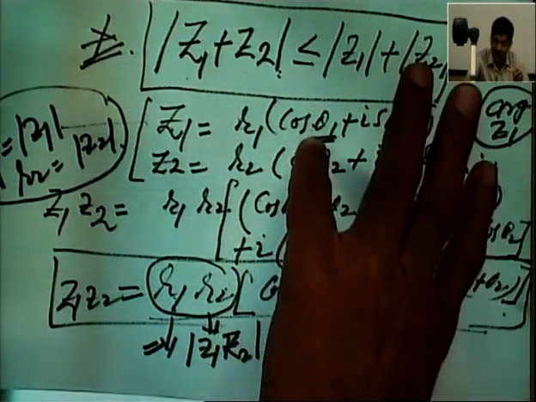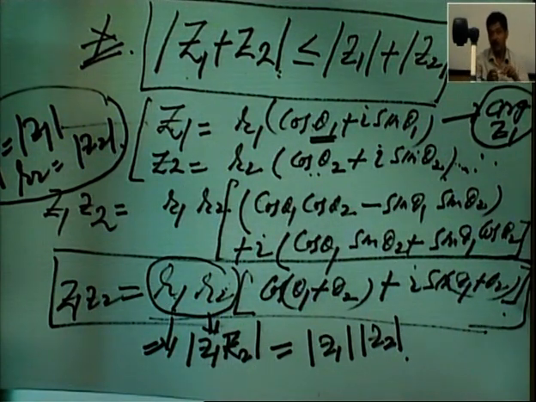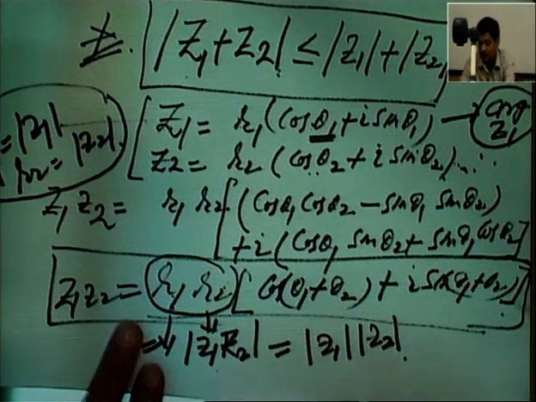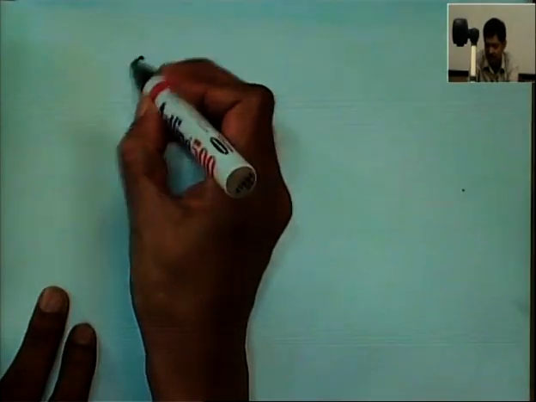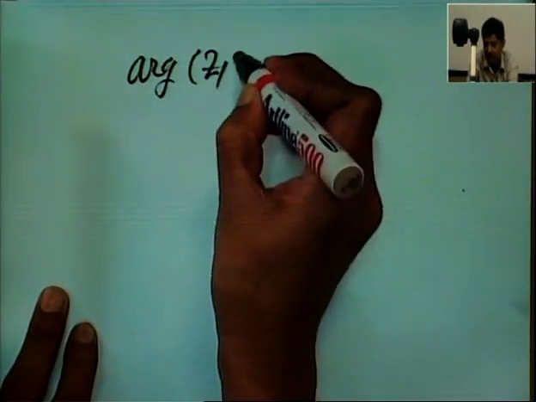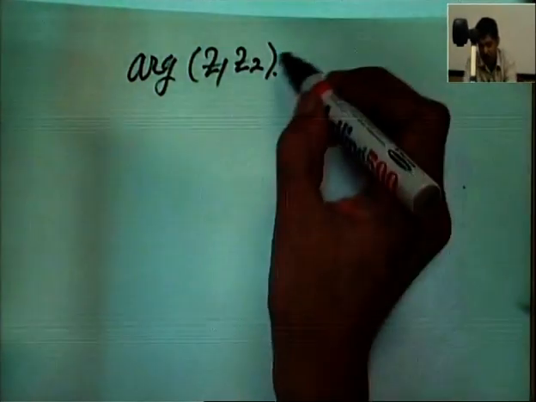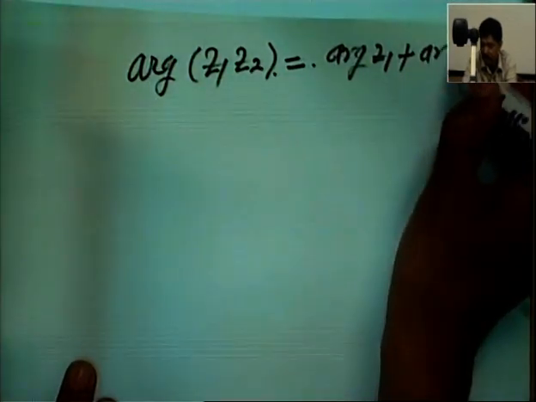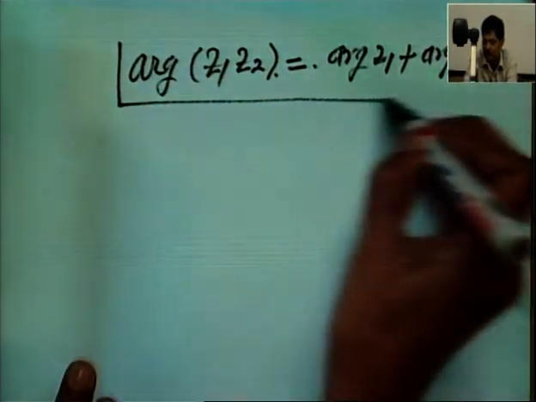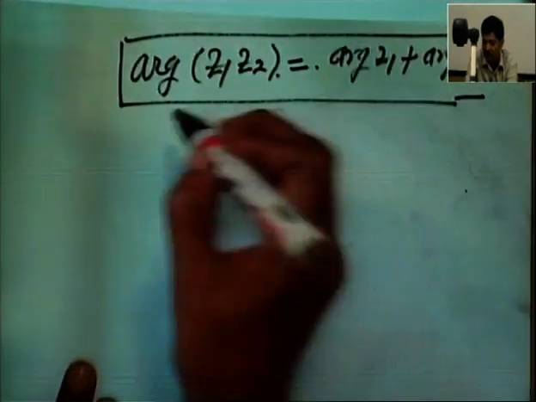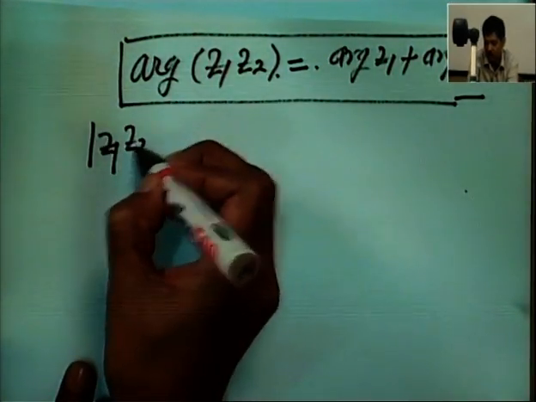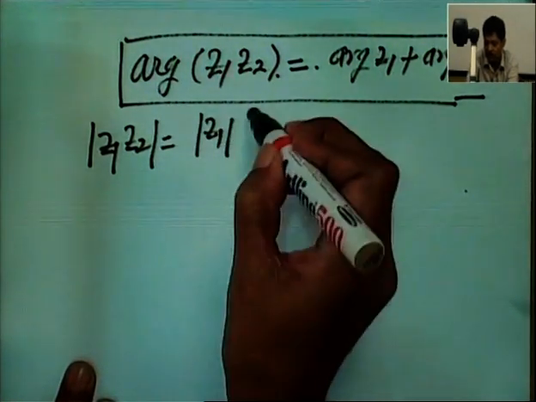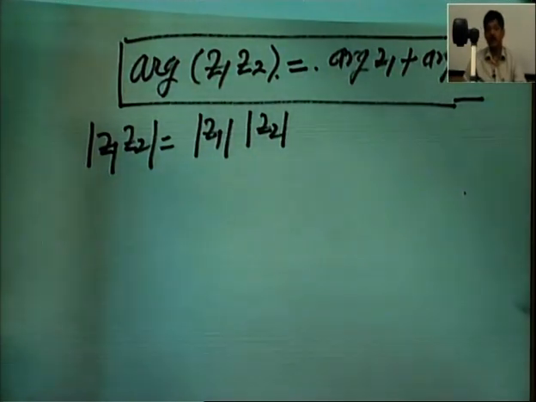So just with the help of the polar representation of a complex number, I have proved an important property, that is the argument of z1 z2 will be the sum of the arguments, and of course mod of z1 z2 is mod z1 times mod z2.